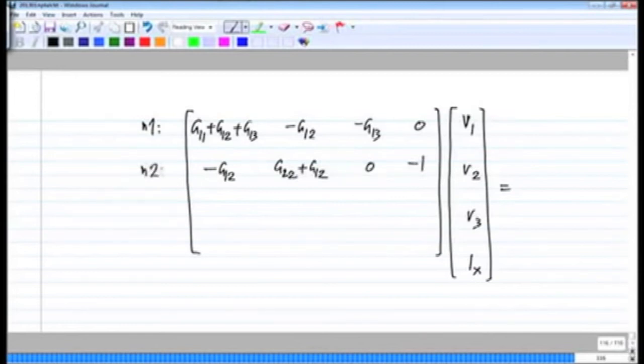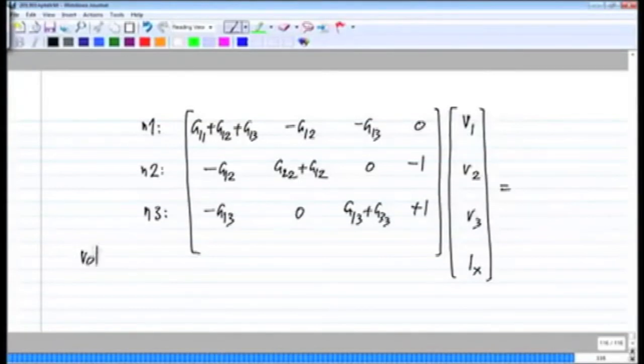This is the KCL equation at node N2, and at node N3 I have minus G13. Nothing for V2, and G13 plus G33, and I have plus 1 because plus Ix appears in the equation.